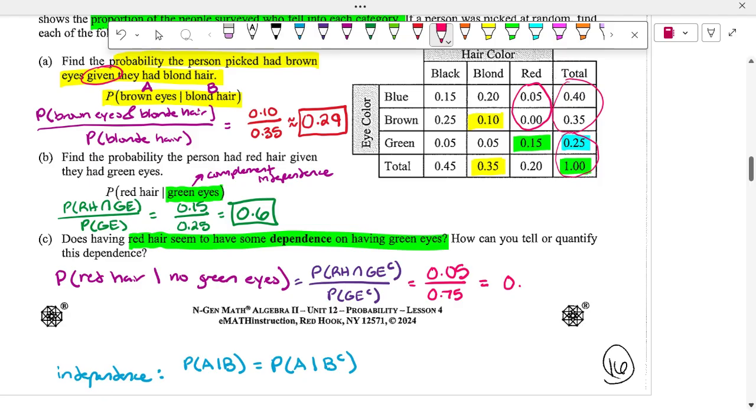So do 0.05 divided by 0.75. It's pretty much 0.07. Okay. All right, so 0.07 is that probability.